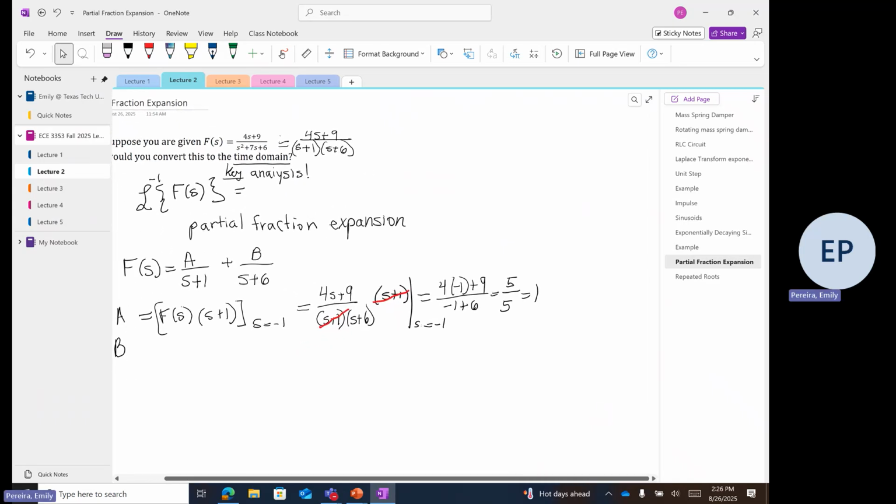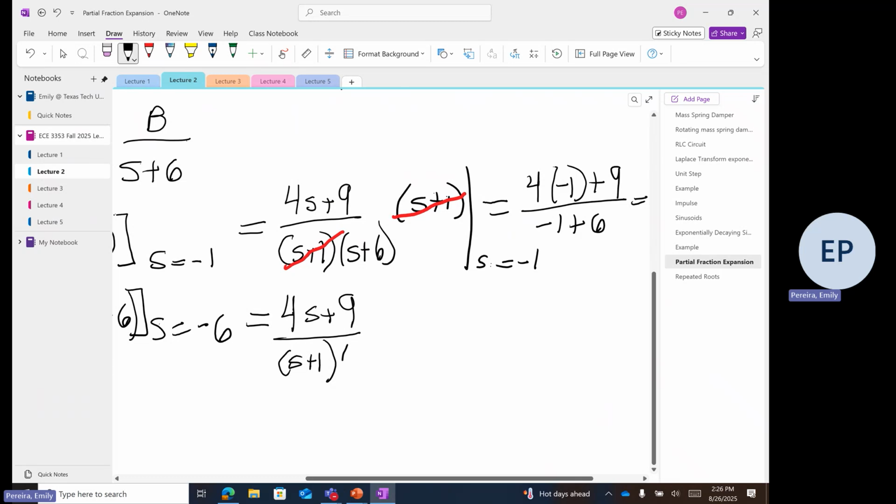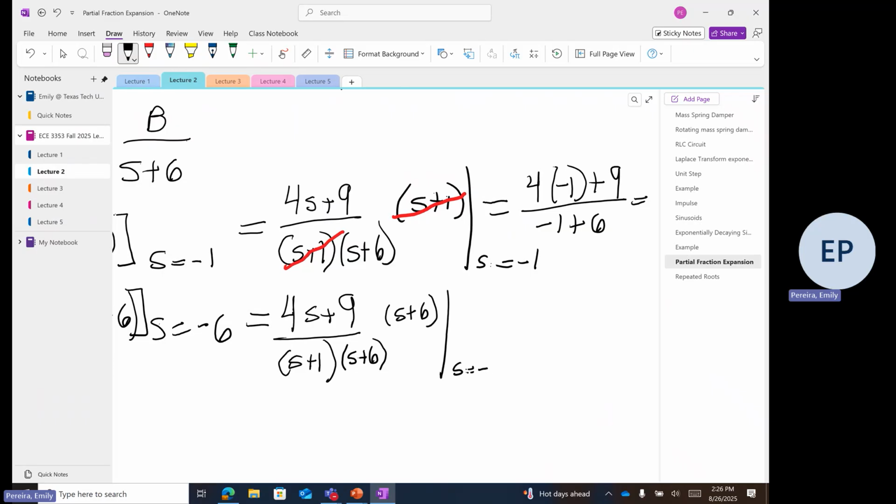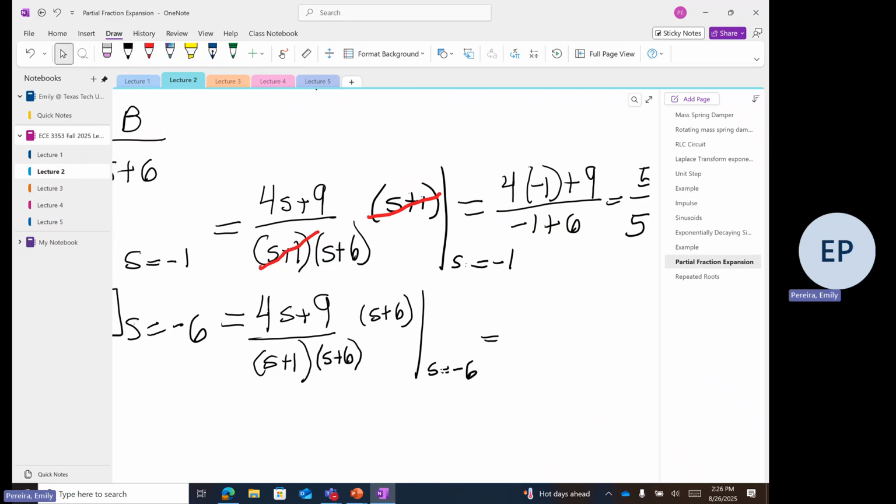Now we're going to solve for B. B is F(s) times (s + 6) at s equals negative 6. So again, we rewrite our F(s), which is (4s + 9) divided by (s + 1)(s + 6), and multiply by (s + 6), and then we substitute in s equal to negative 6.